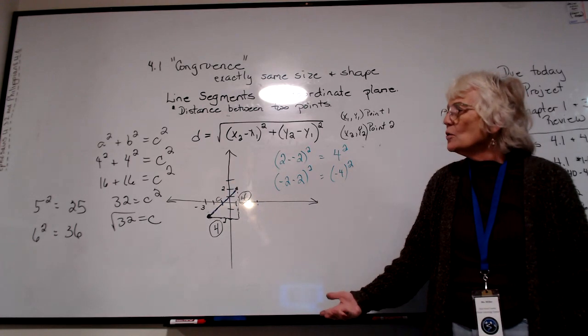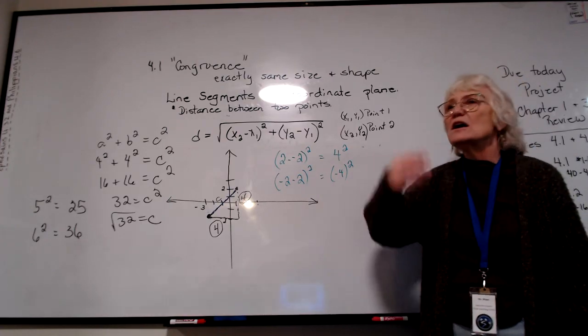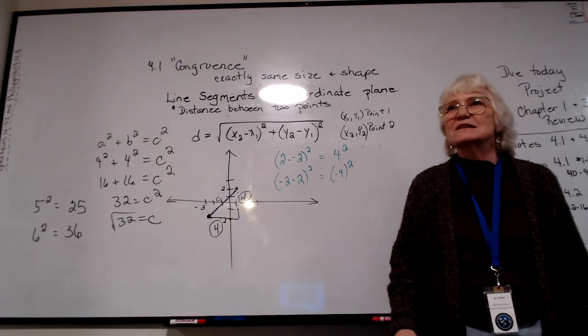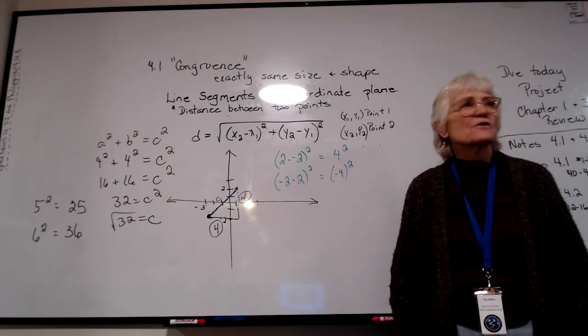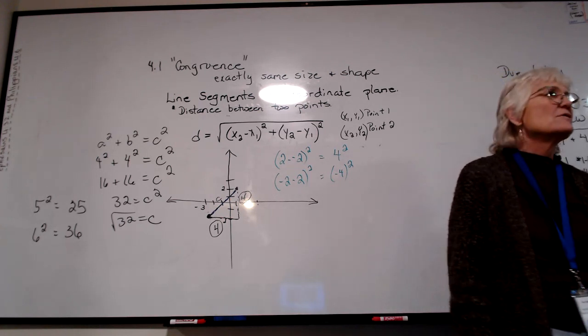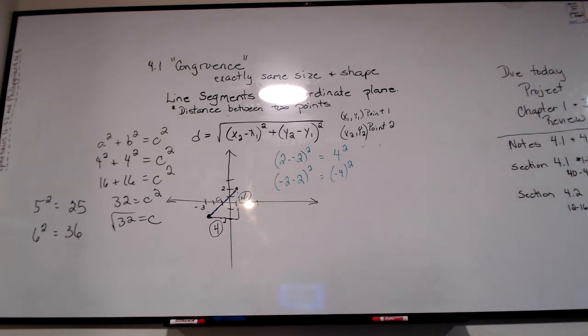Okay, so if I had another line on there that, when I did the calculations, came up with the square root of 32 also, what would you say about those line segments?